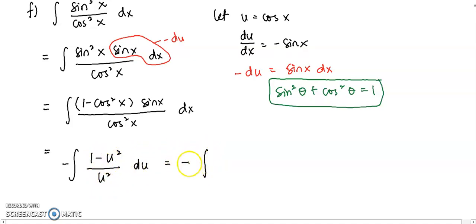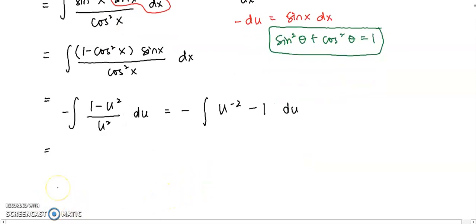Then we can start to integrate. 1 over u square, I will write down as u power of negative 2. And negative u square over u square actually equals negative 1. Then now you integrate with respect to u. I have a negative, just copy down. Integrate u power of negative 2, you have u power of negative 1 over negative 1.